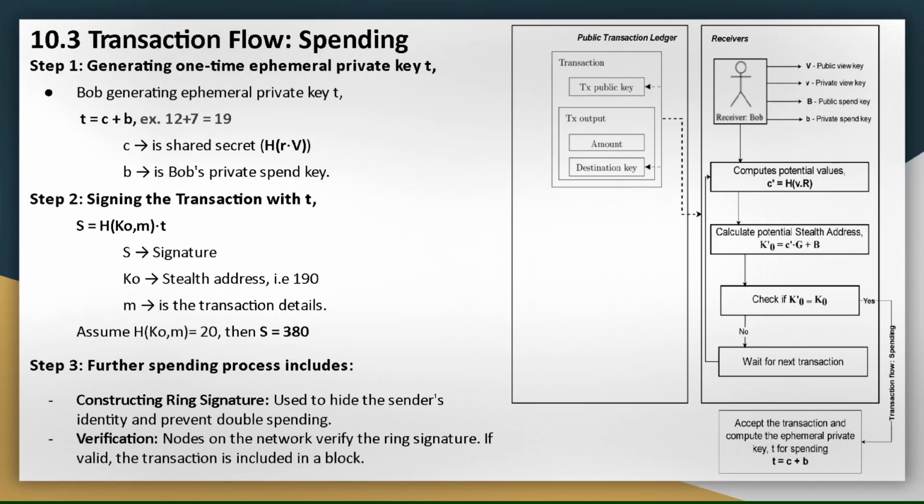He will create a ring using that, and also he will be using his own public key to sign the transaction, by generating the decoy public keys. So verification will be done on the ring signature. Nodes on the network verify the ring signature, and if valid, the transaction is included in the block. This part has been discussed already.